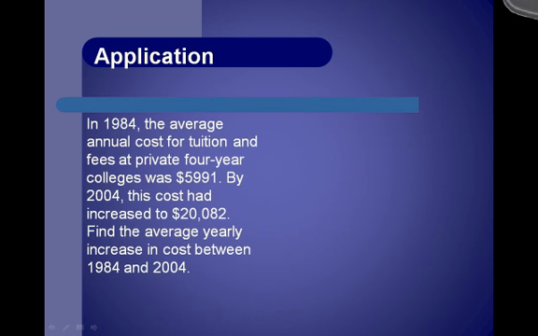Let's do another application. In 1984, the average annual cost for tuition and fees at private four-year colleges was $5,991. By 2004, this cost had increased to $20,082. Find the average yearly increase in cost between 1984 and 2004.